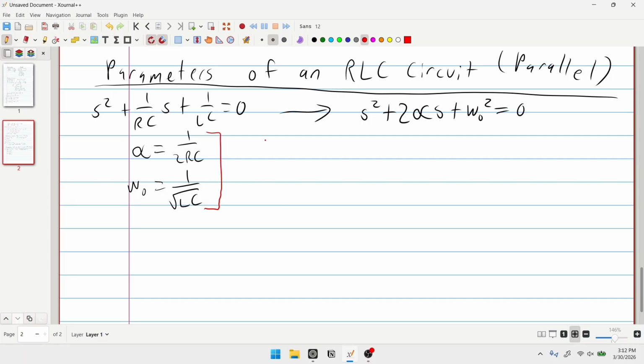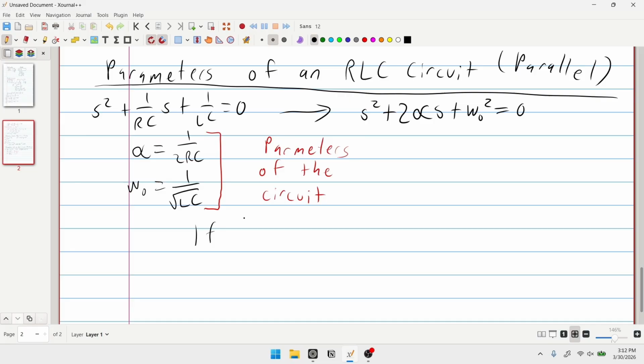So here we have the parameters of the circuit. And these are really important because if we know these parameters, we can know exactly how the circuit will behave, right?